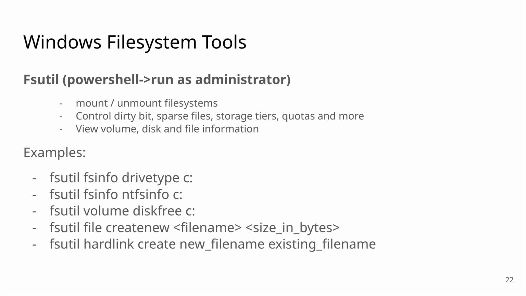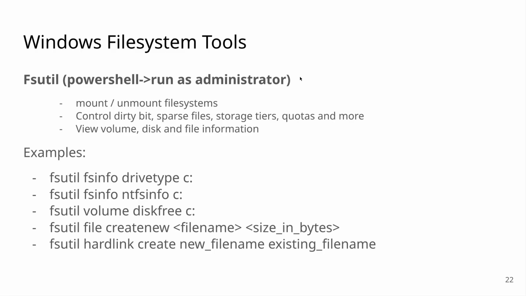This will allow you to control things like the sparse files we talked about, and very complex things like storage tiers. If you have SSDs and slower disks, you can control how the storage strategy of the system will be implemented.